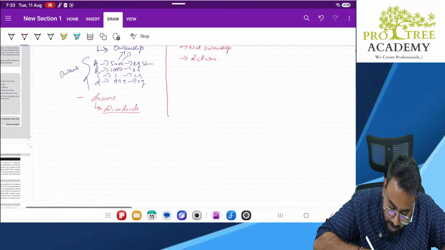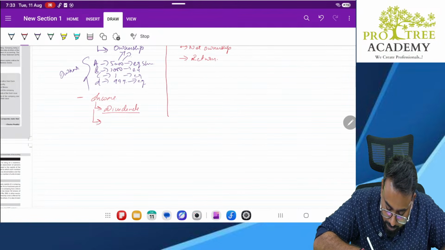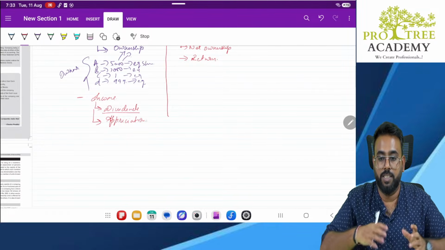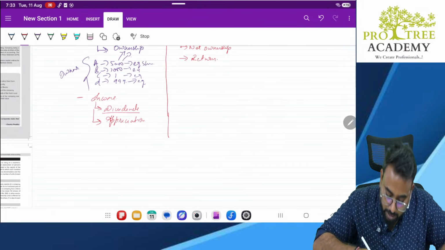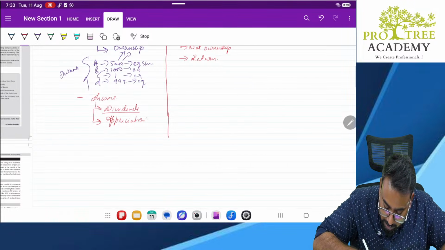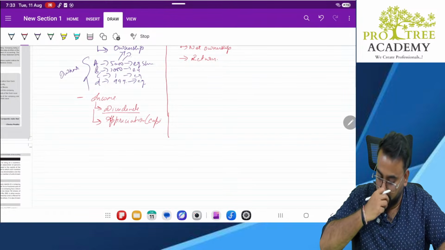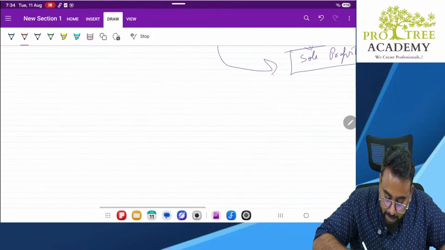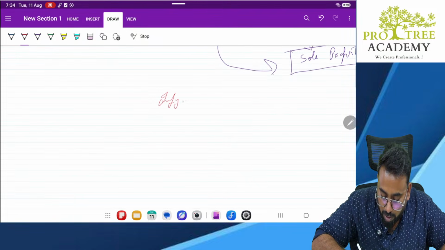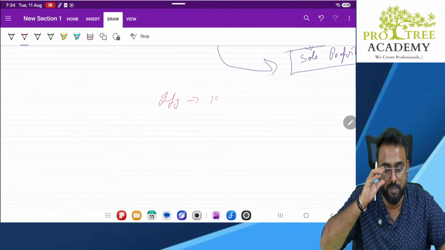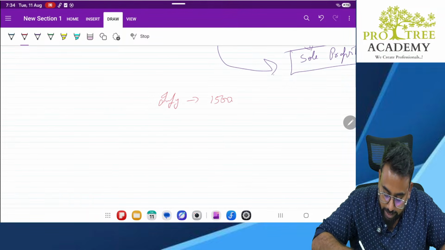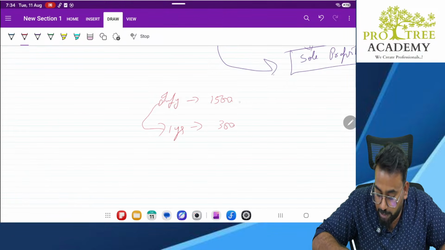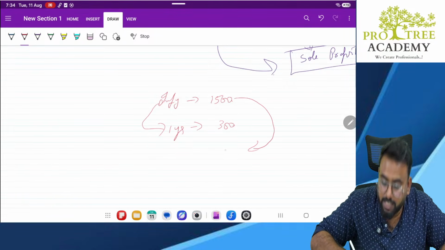The second is appreciation. Not that appreciation. Capital appreciation. Sir, what is this capital appreciation? You know, everybody. Sir, I invested in Infosys today for 1500. After 1 year, I have received a dividend of 300 rupees and this 1500 has become 1600, sir.